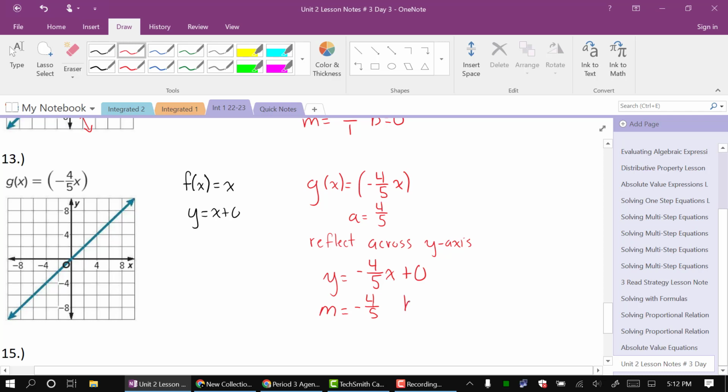And my b value for this is going to be 0. So I'm going to put a point at b. I'm going to go down 4, 1, 2, 3, 4. I'm going to run 5, 1, 2, 3, 4, 5. And there is my graph.